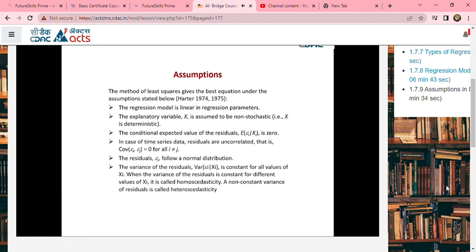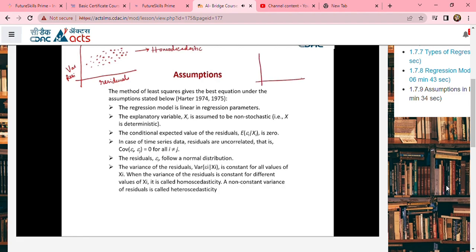In order to understand homoscedasticity and heteroscedasticity, we will plot the residuals and the variance of the residuals, and we will see the visualization. Whenever your residuals and the variance of the residuals are constantly spread across, like this, then it is homoscedastic in nature.